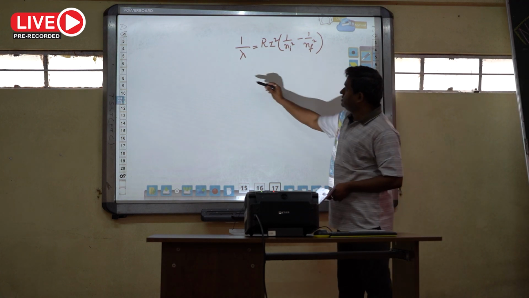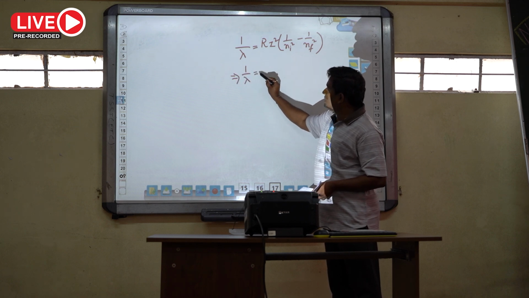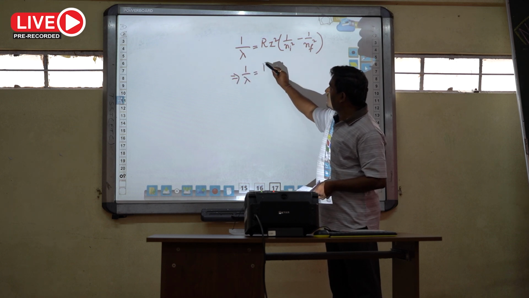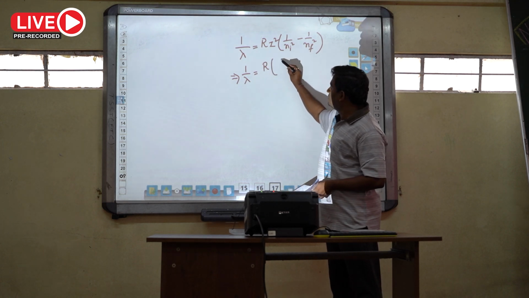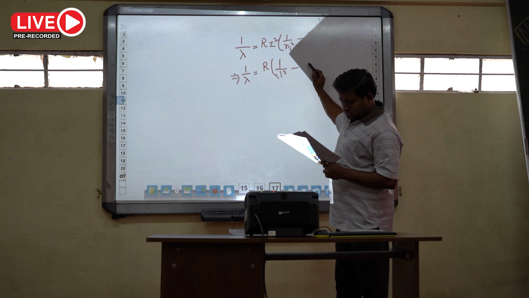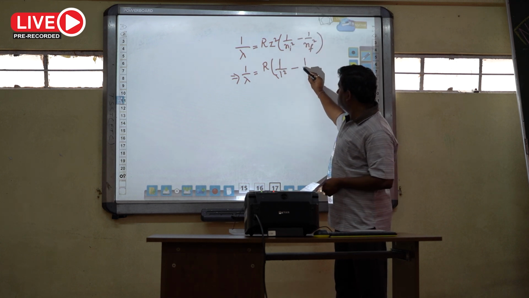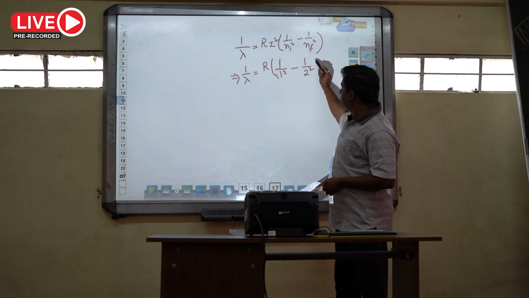Then for the first case, 1 by lambda is equal to R, Z is 1 for hydrogen. It will be 1 by 1 square minus, first line, 1 by 2 square.